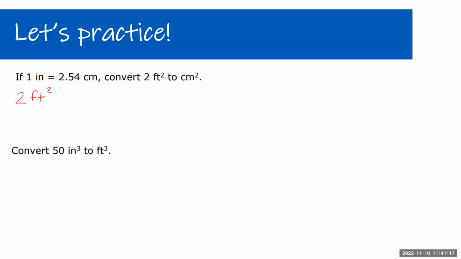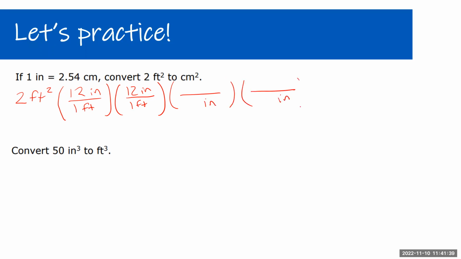The 2 feet squared, let's put it in inches first. 2 feet squared times 12 inches per 1 foot times 12 inches per 1 foot. So that's going to get us inches squared. Then you need to get rid of those inches. So we need to do something for inches here, something for inches here, and we want them to be centimeters.